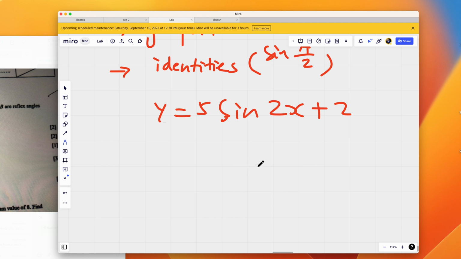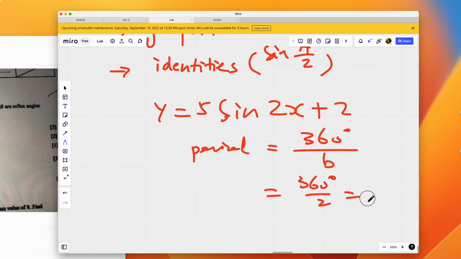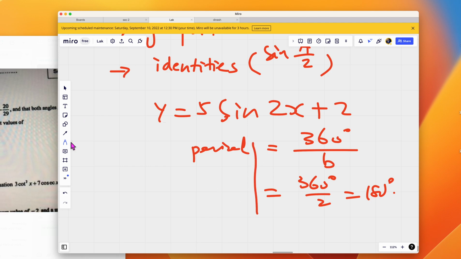The first thing is you get the period out first. For sine it is 360 divided by b, and the b in this case is 2, right? So I know that at 180 I need to see one cycle.